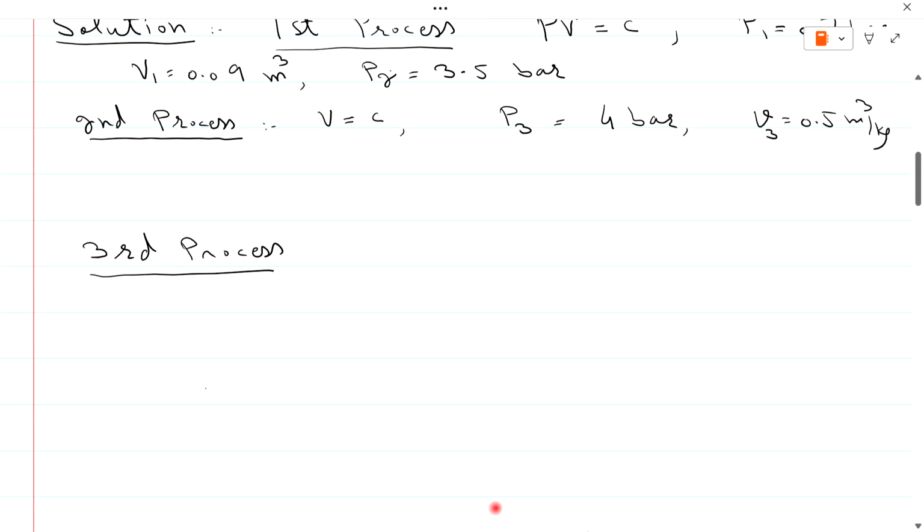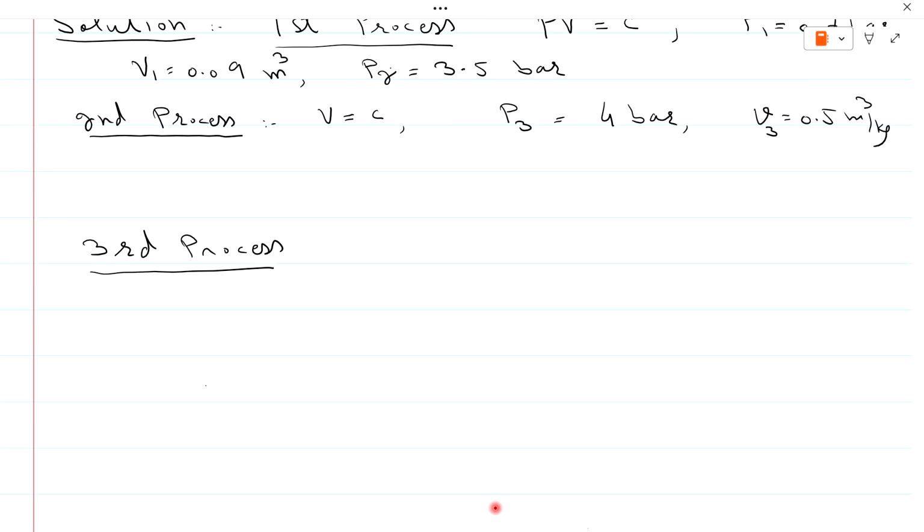The third process is according to PV^2 = constant, and in this process all the data is restored to the initial. So in the third process P1 is equal to 0.7 bar, the cycle is completed in the third process, and V1 is equal to 0.09 meter cube total volume.